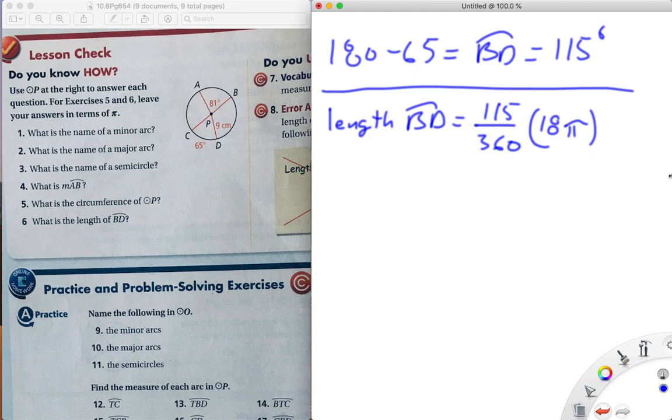So 115 divided by 360 times pi times 18, I get that the length of BD is equal to 18.1 centimeters.